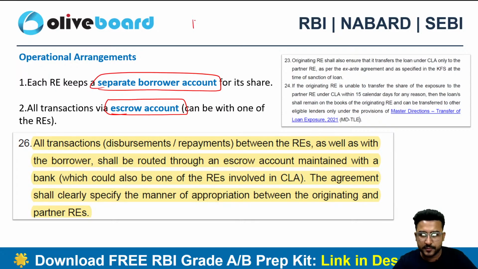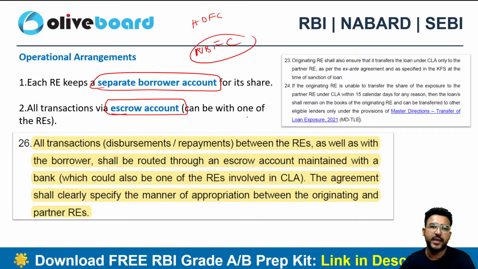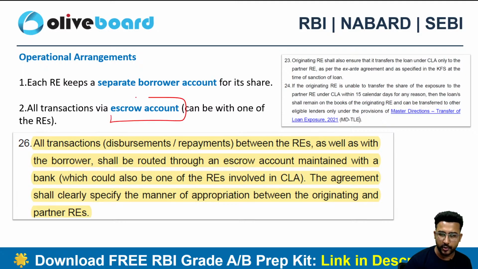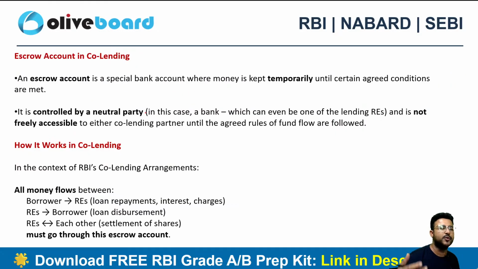Let's suppose there are two regulated entities, HDFC Bank and NBFC, then both the regulated entities will be maintaining their own share related to the borrower, right? So it's not like one particular party will be maintaining all the share. They both will be maintaining their own respective share, and all the transactions will route via escrow account, right?